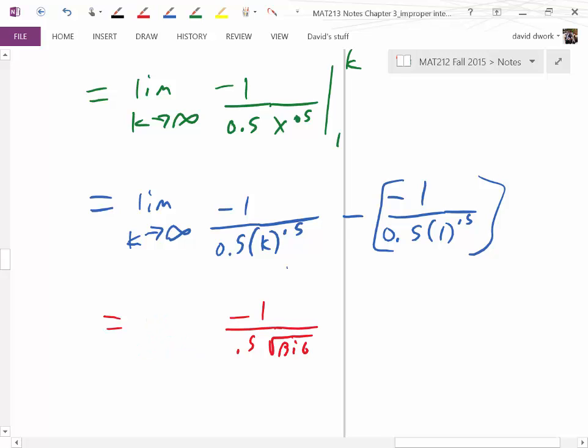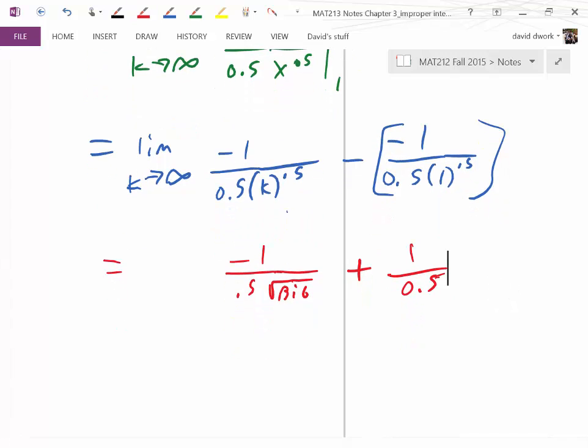Minus, well, minus and minus makes it plus, 1 over the square root of 1, which is 1, so it's over 0.5. And we can go ahead and simplify this, because 1 divided by 0.5 is the same thing as 1 divided by 1/2, which is the same thing as 2.